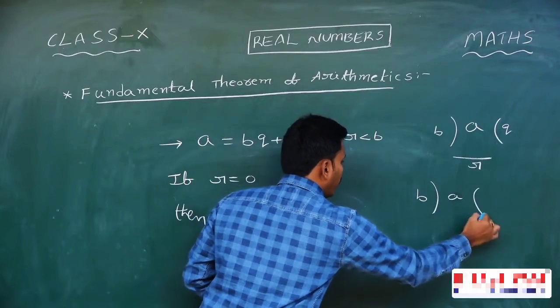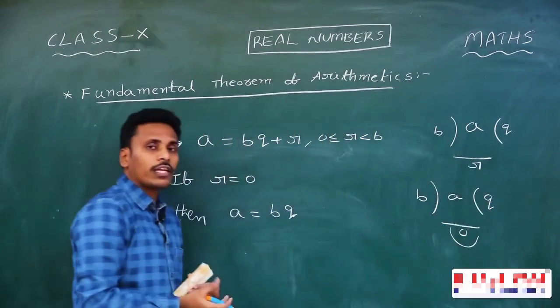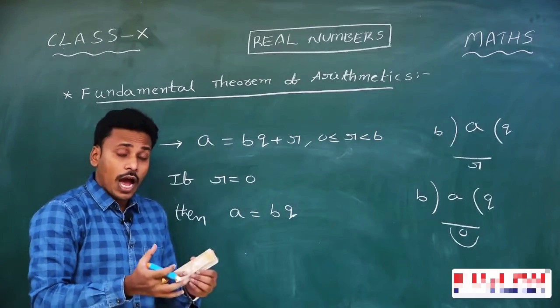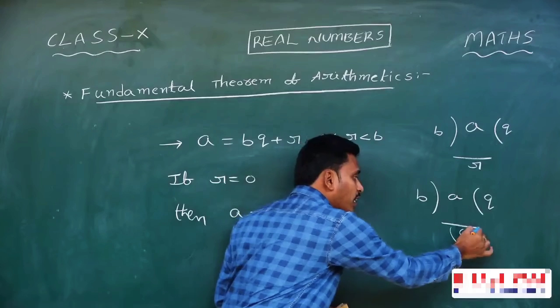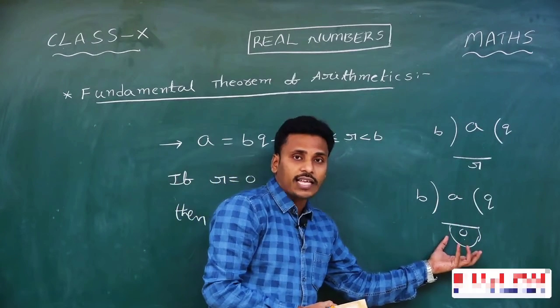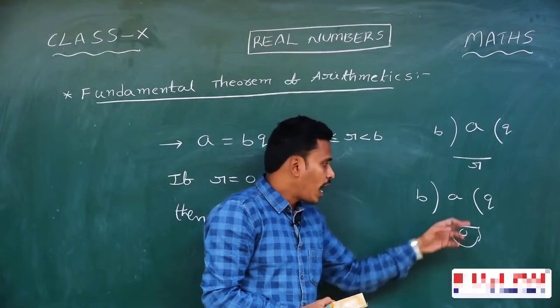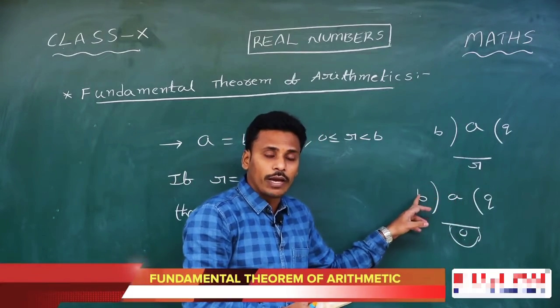When a is divided by b, it leaves remainder 0 for some quotient q. We know from our earlier classes that if the remainder is equal to 0, then we call this division an exact division, and we say that a is exactly divisible by b.